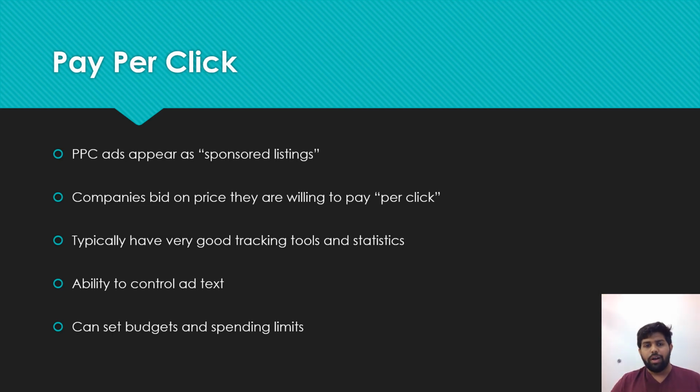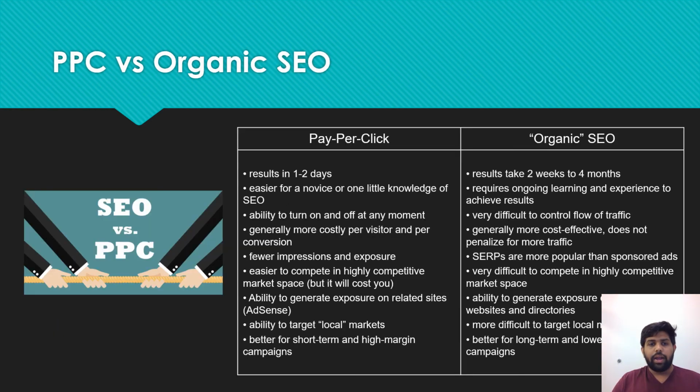You might have seen, using cookies, how huge tech giants are manipulating the web page that you're currently seeing, and how targeted advertisements are being made. Typically they have very good tracking tools and statistics to achieve this. And there is a small comparison of PPC versus organic SEO.